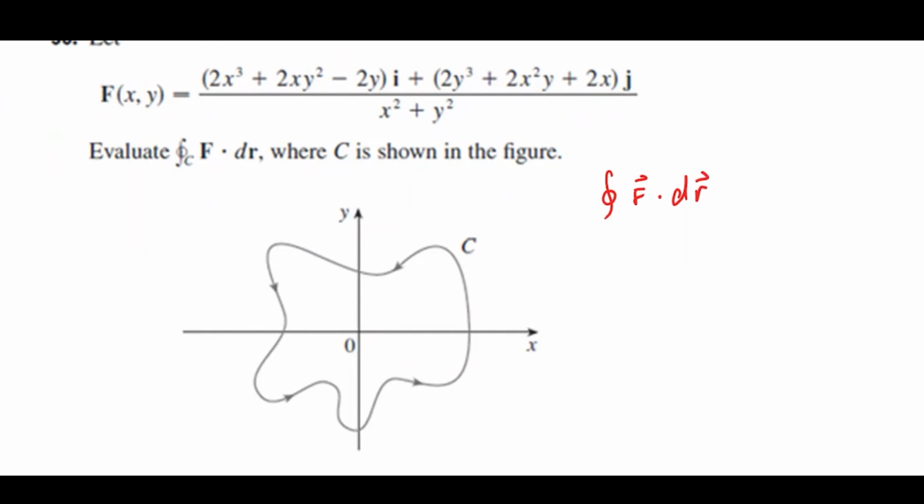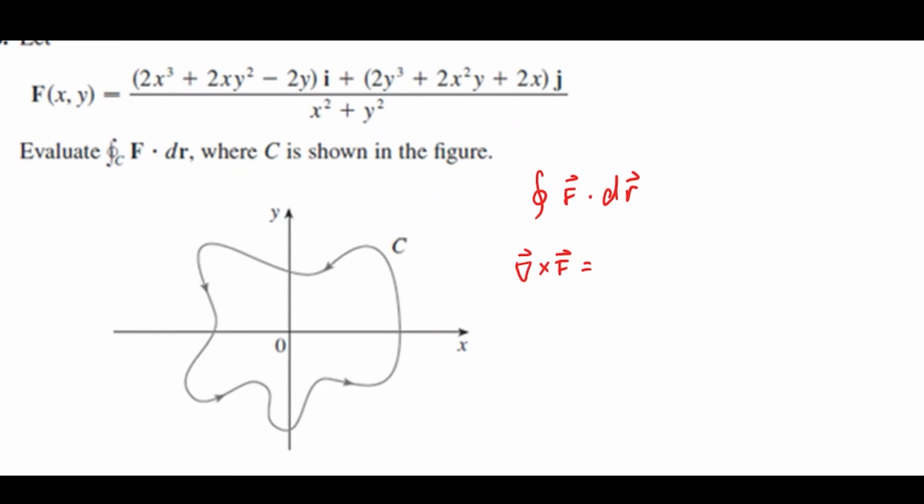And we really don't want to do such a thing because we don't even have an equation of this curve. So it looks like we are using Green's theorem or Stokes' theorem. Good. So it does look like we are supposed to calculate the curl of this field, the cross product. Shall we do it? Okay, let's do it.